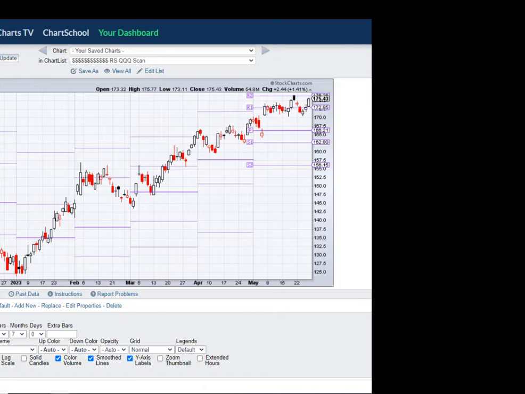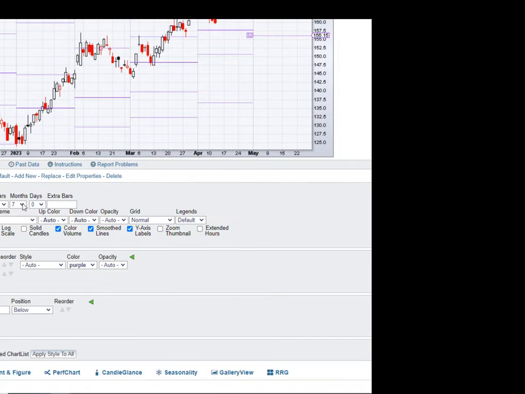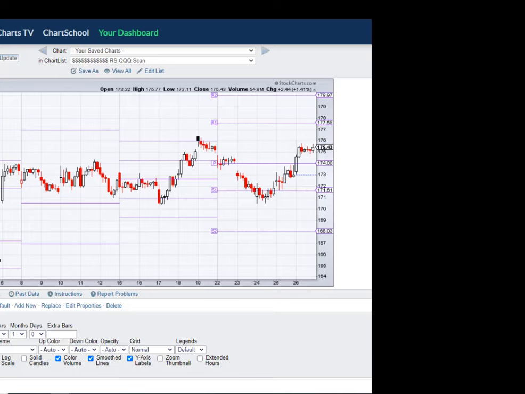Lastly, if you want to look at hourly, change this to a 1 hour chart here. And also we want to look at a lot less data because you only want to have maybe a month or so. And you hit update here. And here we have the weekly pivots. So if you're looking at hourly data or less, you get weekly pivots. These are based on the prior week's action.